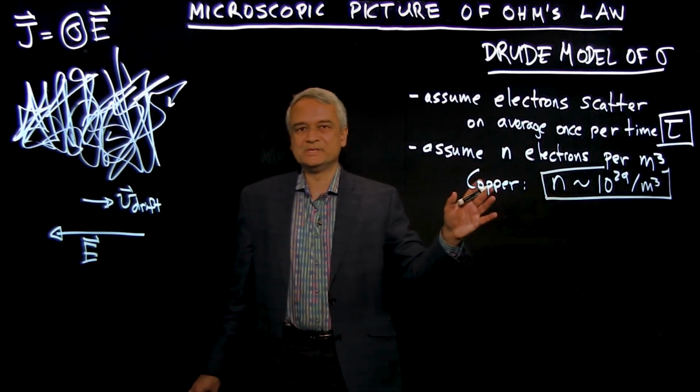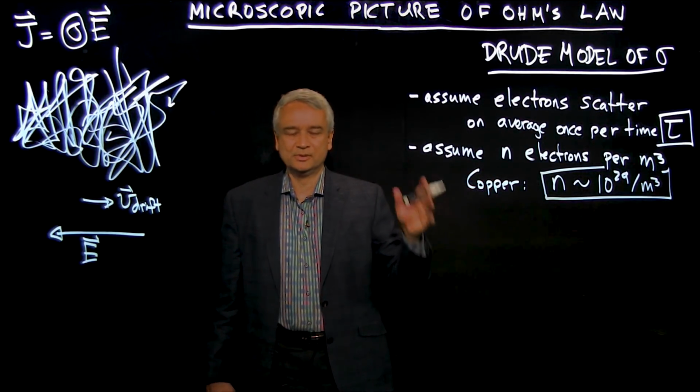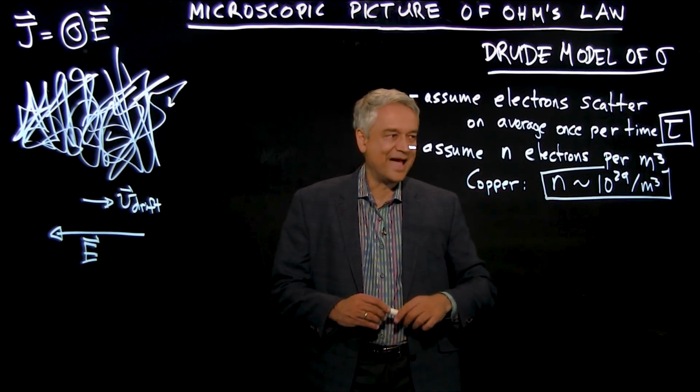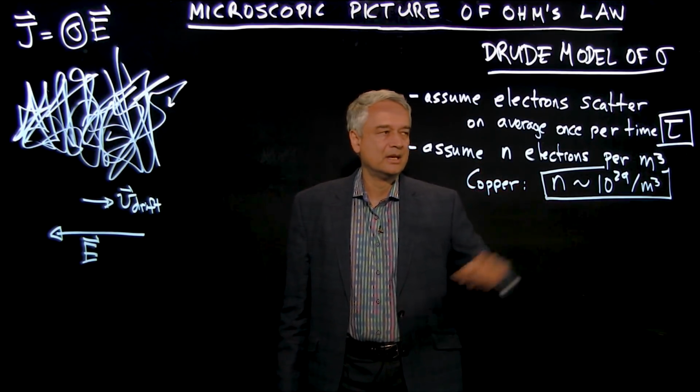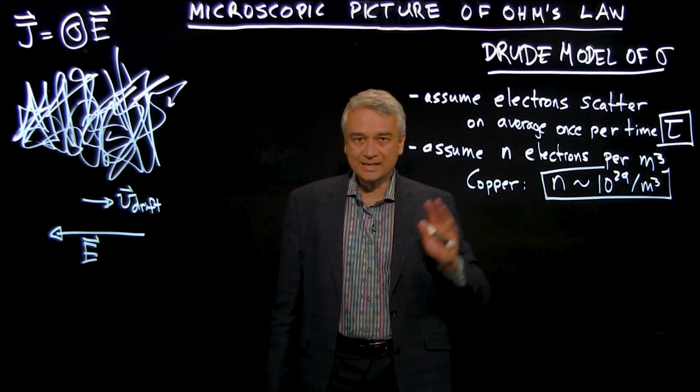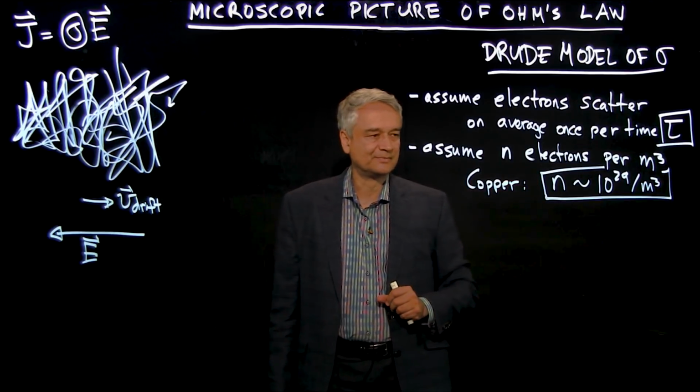So again, n will be different for copper, for aluminum, for silver, for gold, for platinum, for tungsten. Actually not that different, but it will be different. Tau varies quite a lot, in fact, from one metal to another. n does vary, but not by enormous amounts.